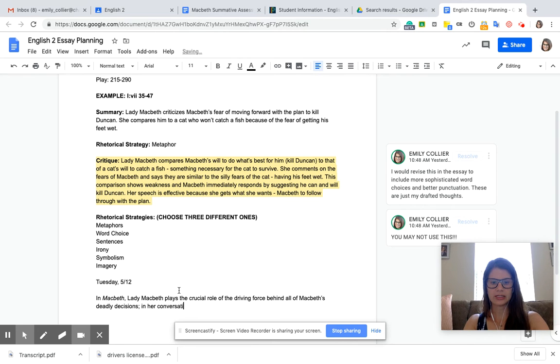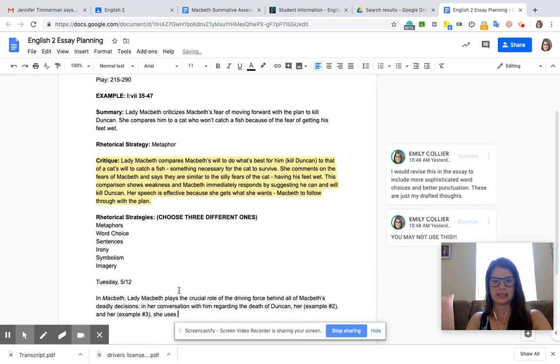In her conversation with him regarding the death of Duncan, her, whatever your second example is, and her example number 3, I'm not going to put my own because then you could take them, right?